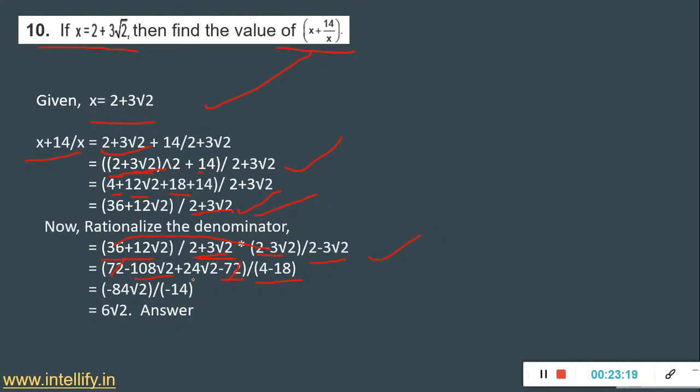Minus 108 root 2 plus 24 root 2 will become minus 84 root 2, and in the denominator we have minus 14. Minus sign will cancel out, and 14 into 6 is 84. So the answer is 6 root 2.